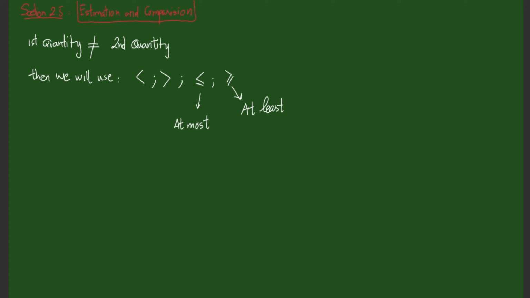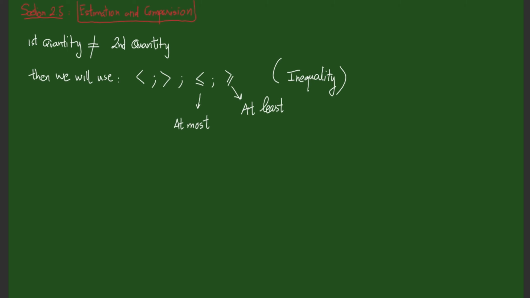This is called inequality. Every time we want to compare one quantity that is greater than a second quantity, this is called inequality. As long as you use these symbols, we call it inequality.